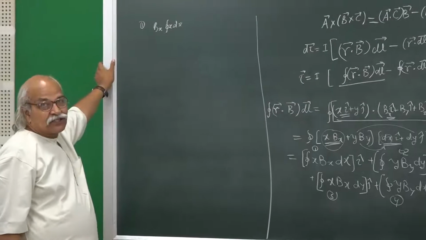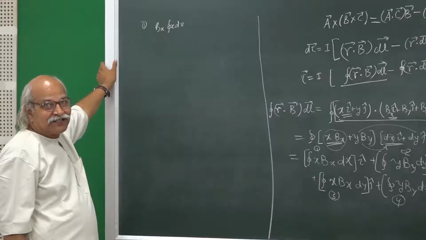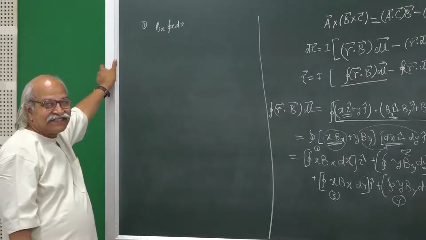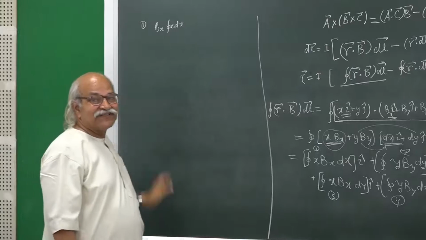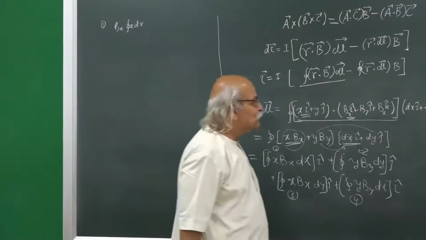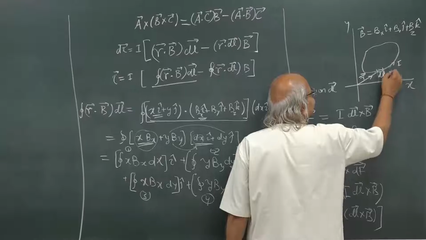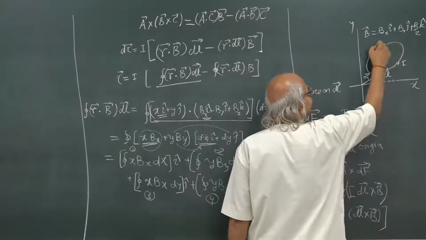What is this? x dx on a closed loop. What is this? This is 0. x dx, if you do, x dx here, then x dx here, x dx here, x dx here.